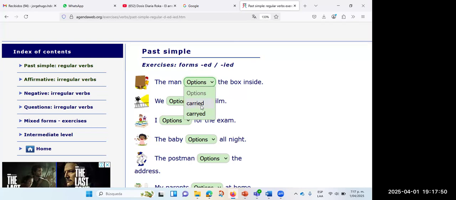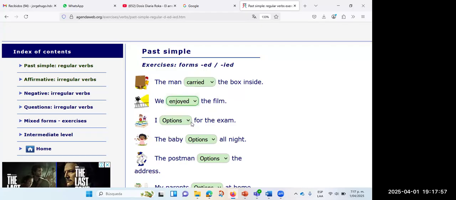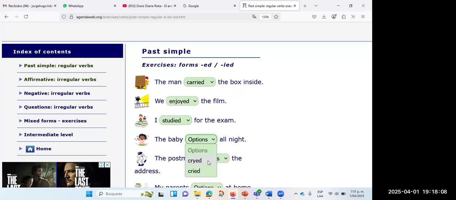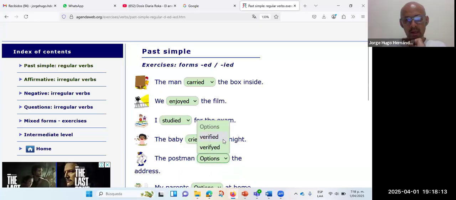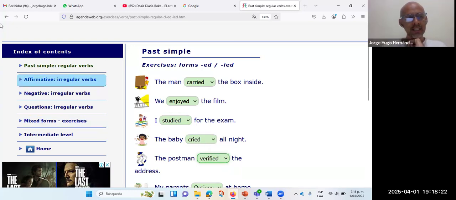A. Here, A or B? A. Here, A or B? B. Here, A or B? B. Okay, and the last one. A or B? A. Okay, you hesitated.